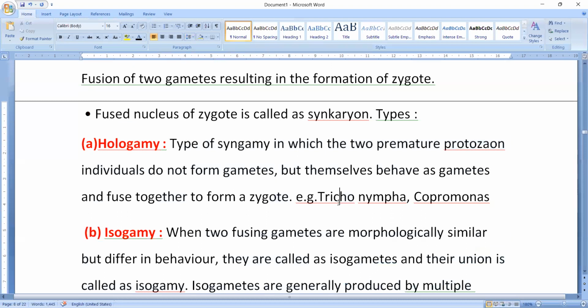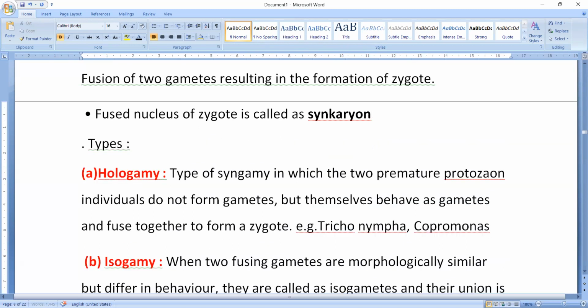So here, the fused nuclei or nucleus of zygote is called synkaryon. Okay, so the two nuclei of two different mates are united just like in fertilization. So that fertilized zygote nucleus is called synkaryon.